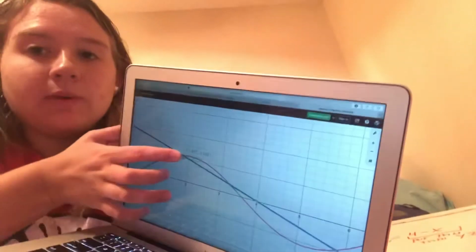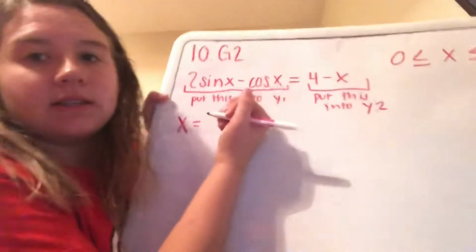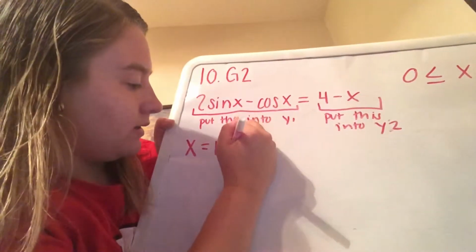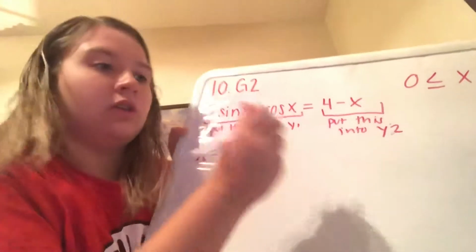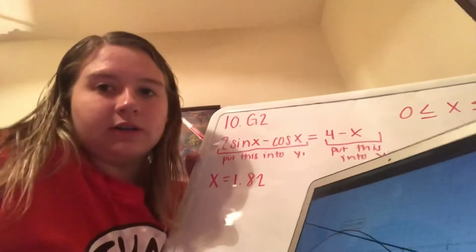The first point here says 1.817, so I'm going to round that and say x is equal to 1.82. Now the second intersection is right about here.